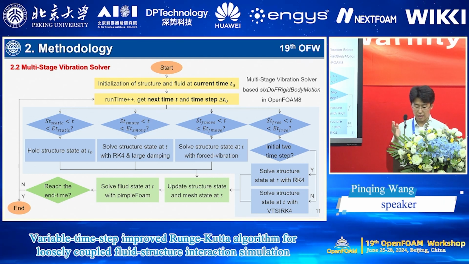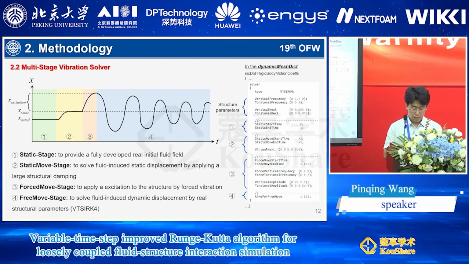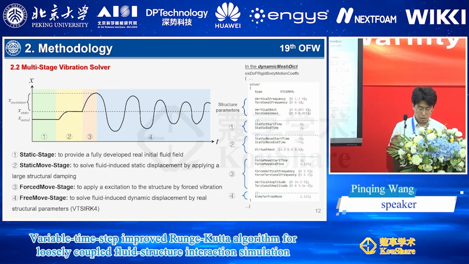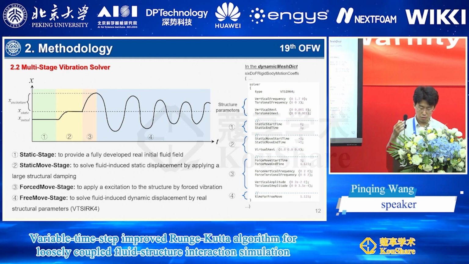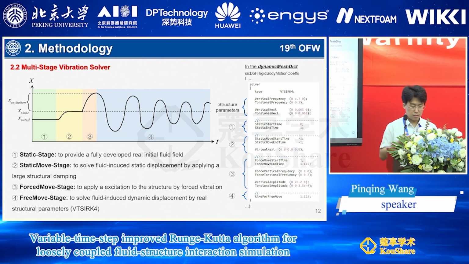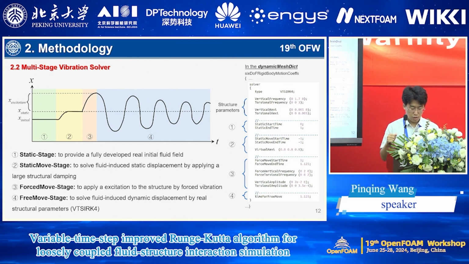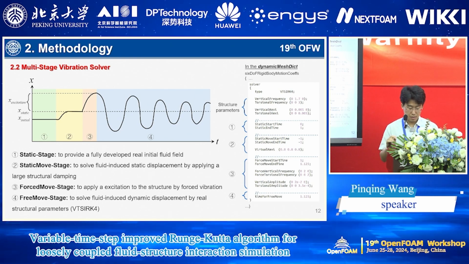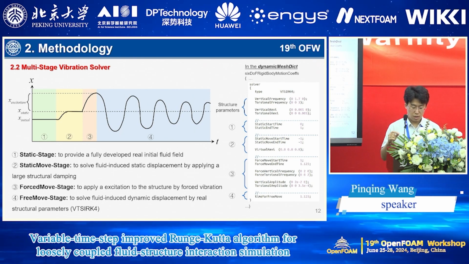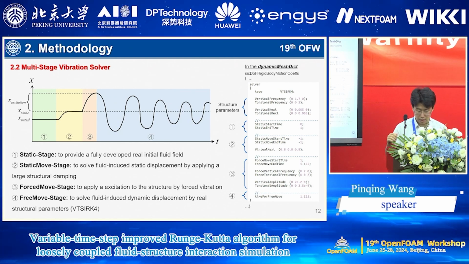There are 4 kinds of stage. The first kind of stage is the static stage, which holds the structure static. This can provide a fully developed real initial fluid field. The second kind of stage is the static move stage, which is to solve the fluid-induced static displacement by applying a large structural damping, such as 0.8.